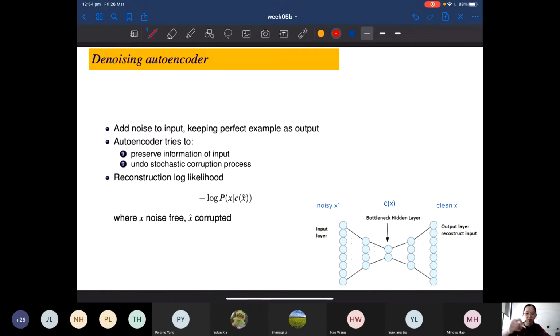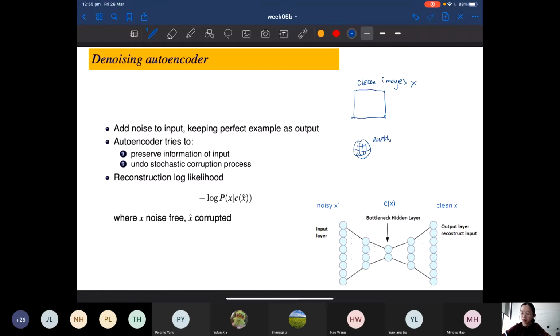What's neat about this is that in training time, we can have lots of clean images of X. And in the real world, the data is noisy.